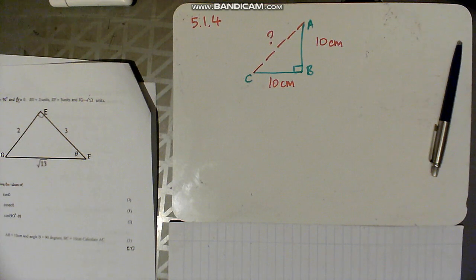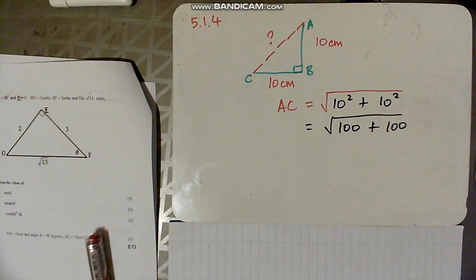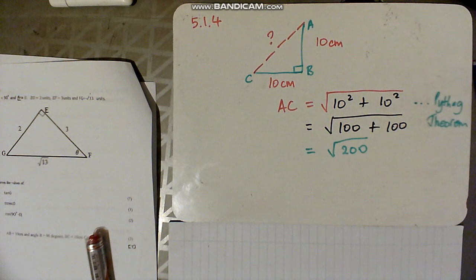We need to find the hypotenuse, and when we find the hypotenuse, we add. We have both our sides, 10 squared plus 10 squared, that gives us 100 plus 100. Pythagoras theorem is our method, and we get root 200. You can punch it in your calculator and get a final answer. I will leave it there.